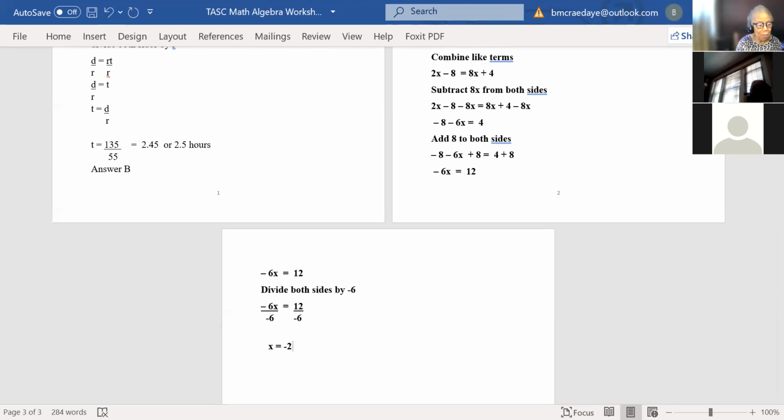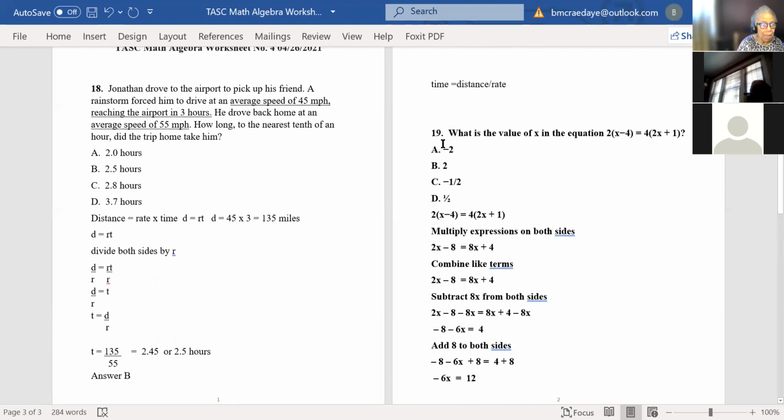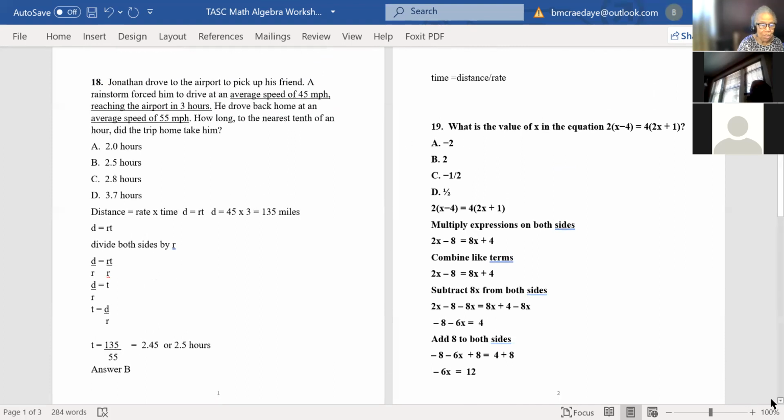So minus over minus is plus, minus times minus is plus. But if you have unlike signs, your sign will be negative. Plus over minus is negative. Minus over plus is negative. Plus times minus is negative. Minus times plus is negative. Now, which one of those choices was -2? A. All right, so the answer is A.